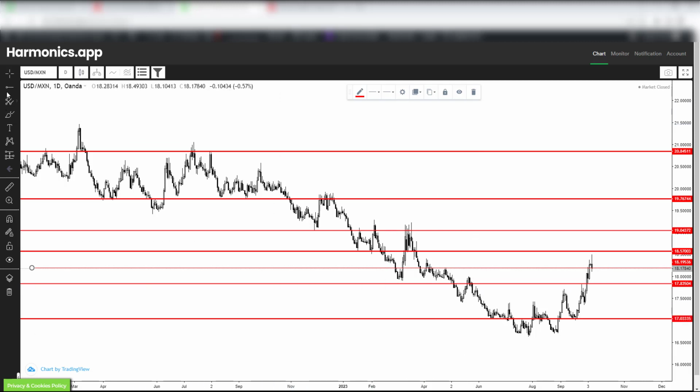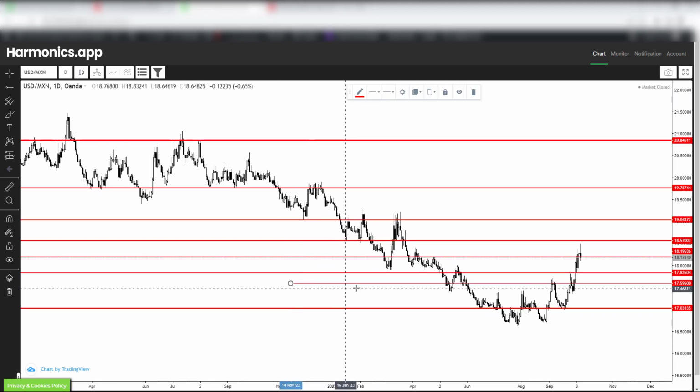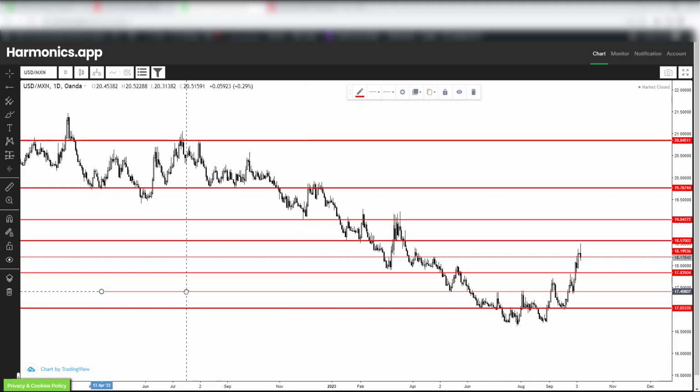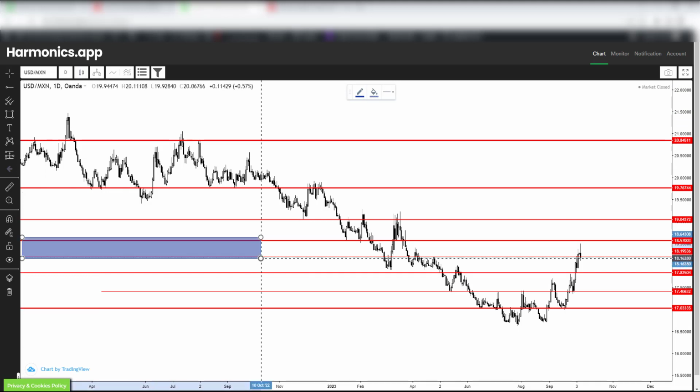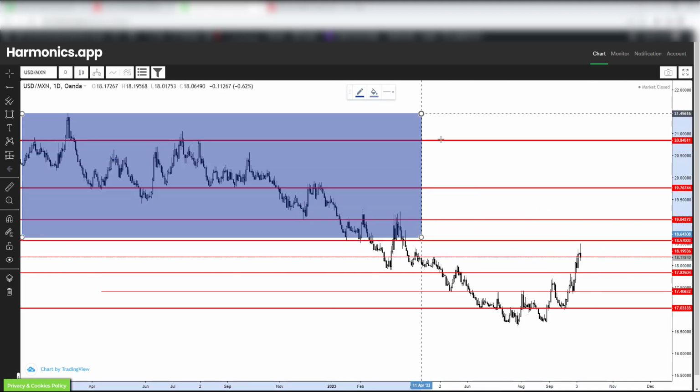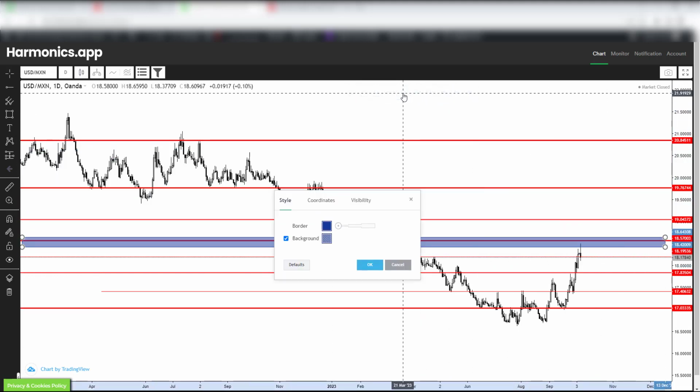Okay, here it is. Then here, okay, and these are okay for now. Let's put also supply and demand zones around these ones. Okay, let's change the color.